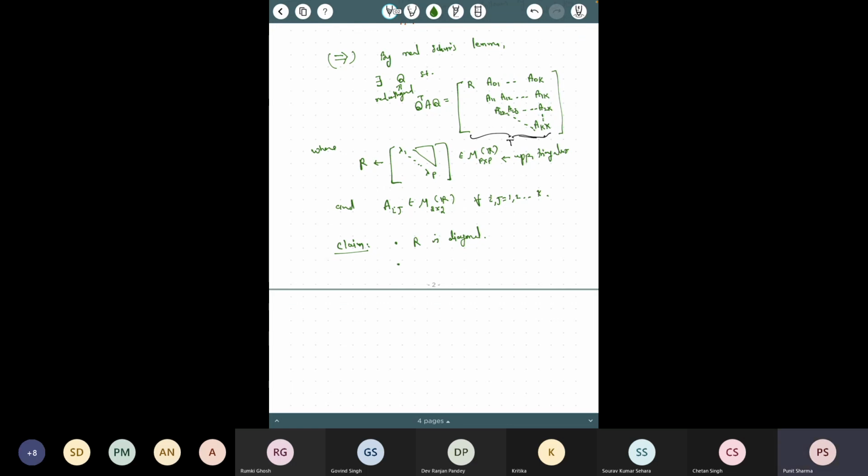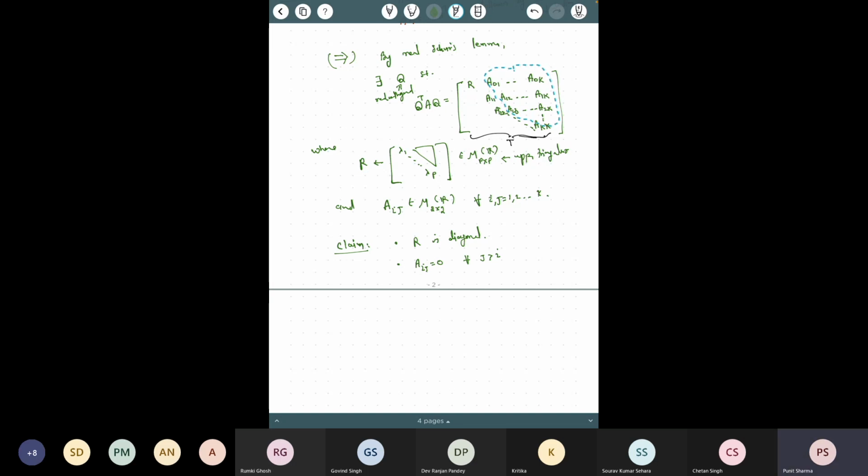Then the second, I'll show that each of these Aij blocks is 0 when j is greater than i. So that means all these blocks are 0 except the diagonal. All these 2 by 2 blocks are 0.